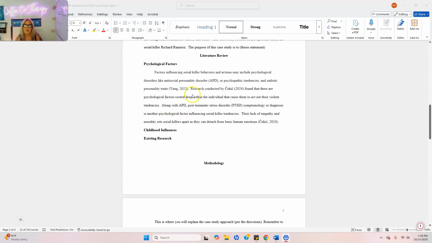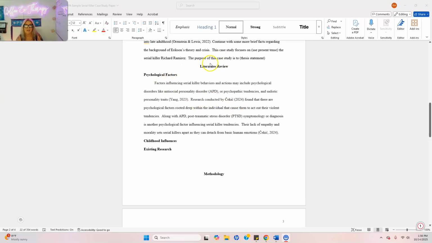So notice how I put in here research conducted. All right, let's actually look at this. In my first section of psychological factors, I put factors influencing serial killer behaviors and actions may include psychological disorders like antisocial personality disorder, APD, or psychopathic tendencies and sadistic personality traits.